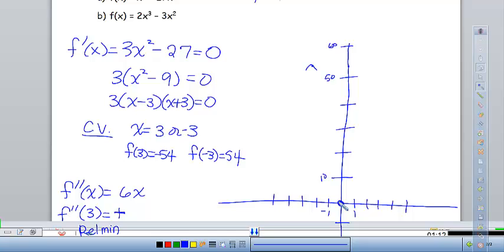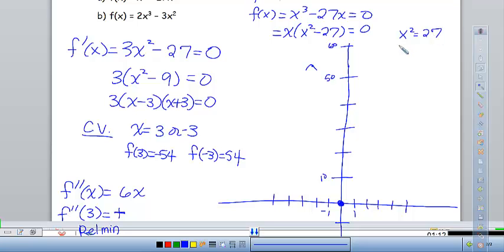Okay, and if I set this thing equal to 0, factor off what? Factor off an x. We're left with x squared minus 27 equals 0. And we could solve that by saying x squared equals 27.